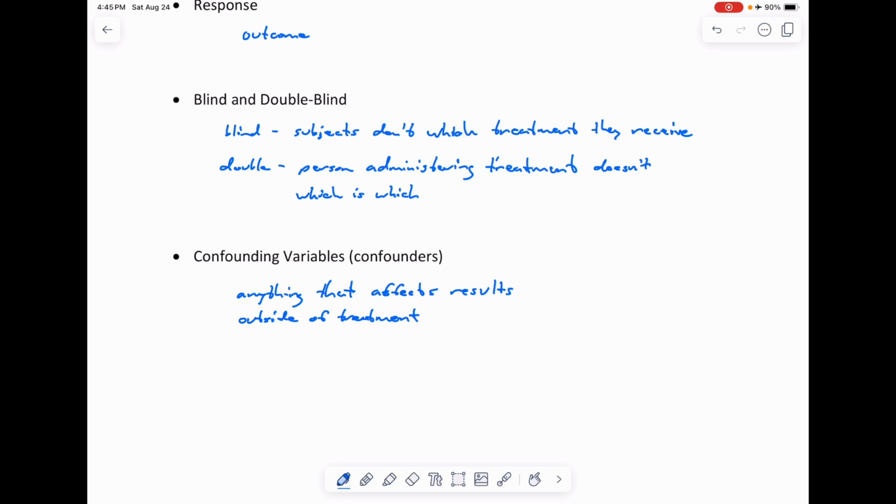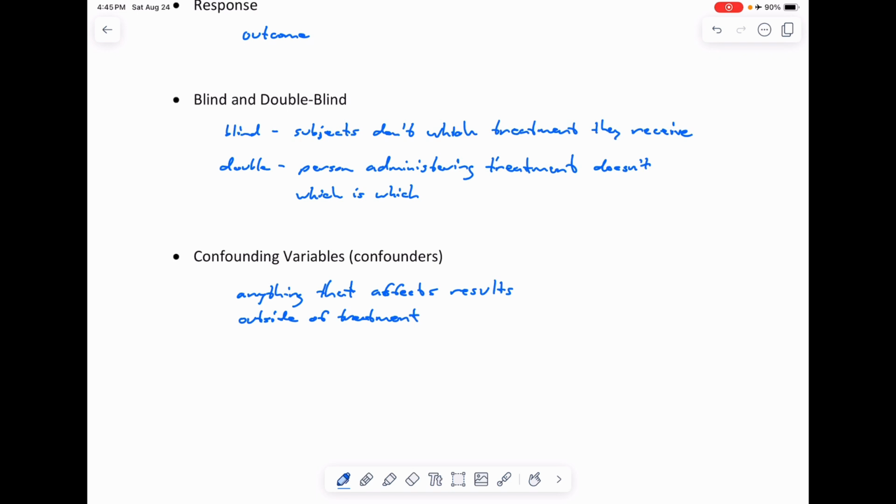Maybe they're the ones that are really smart and would have done much better on the ACT anyway. So I don't know if the class itself caused the increase or not, because there are other confounding variables or factors that may be contributing to their higher scores than just the class itself.